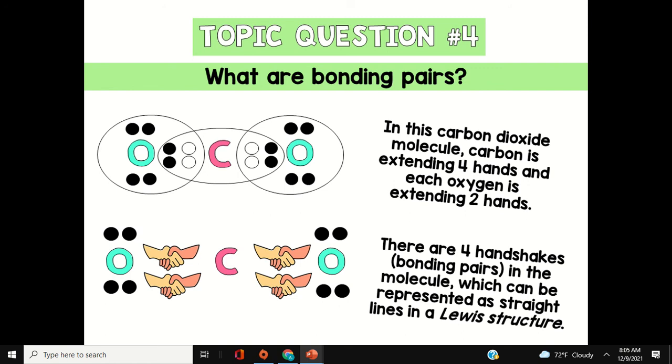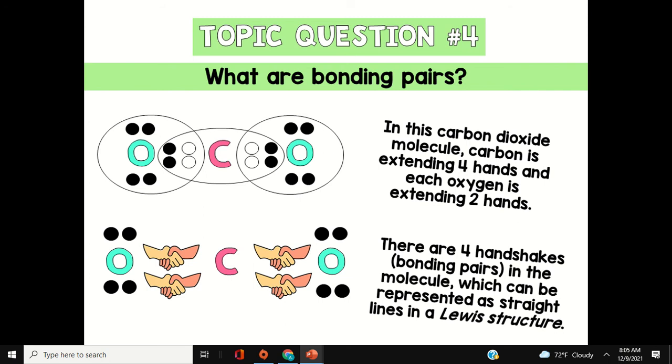Okay, so what this picture is showing is carbon giving its hands out and saying, here, oxygen, I'm giving you my hand, shake it. And oxygen saying, okay, because I need it. And so there are 4 handshakes happening right here in order to represent a stable covalent bond with bonding pairs.